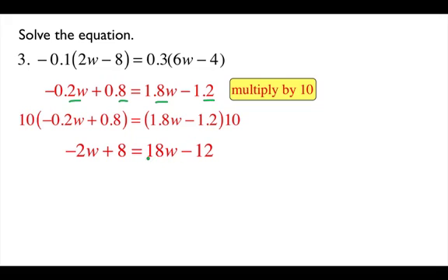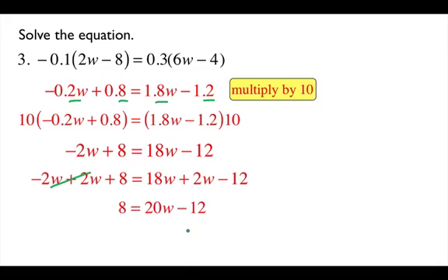And then at this point, I am going to undo what they did. It looks like they took away 2w from both sides, so I am going to add 2w on both sides. These go away. This is going to become 20w. To solve for w, it looks like they took away 12, so I'm going to add 12 to both sides.